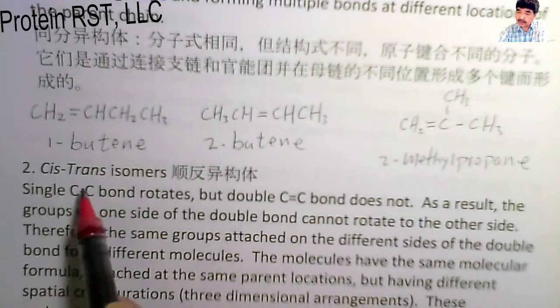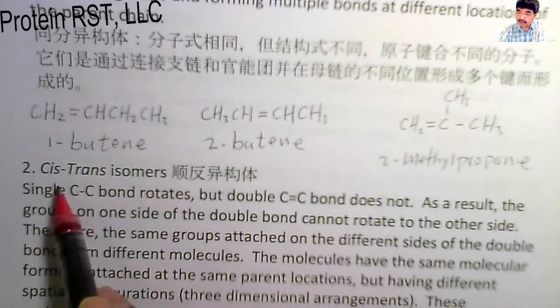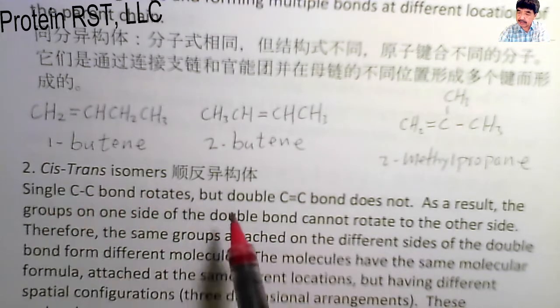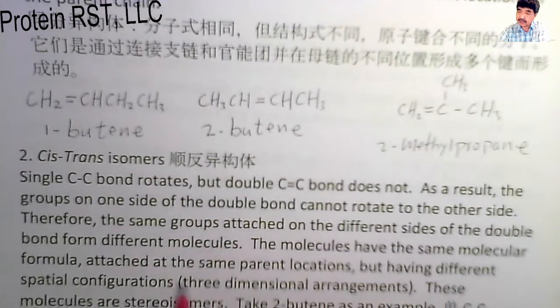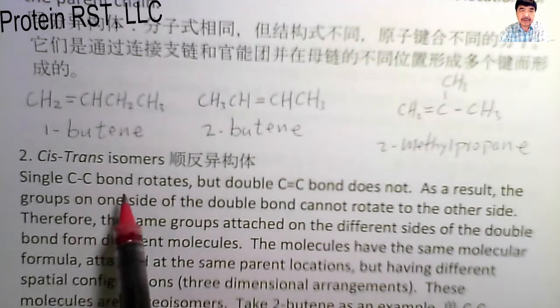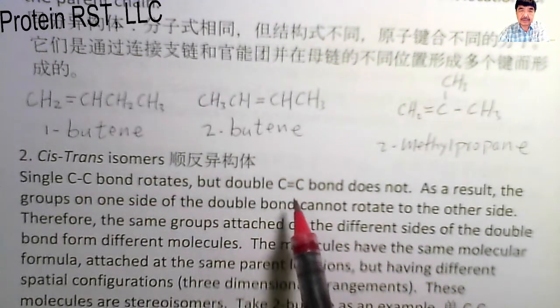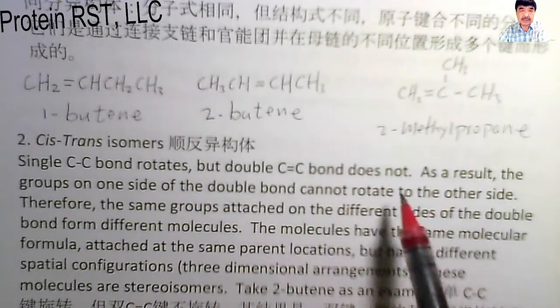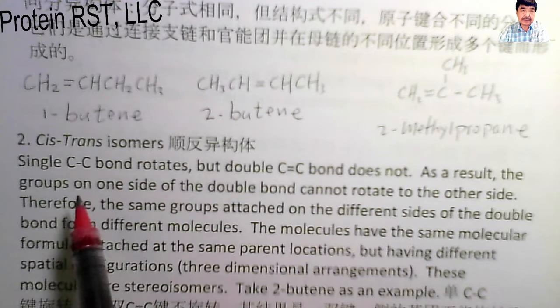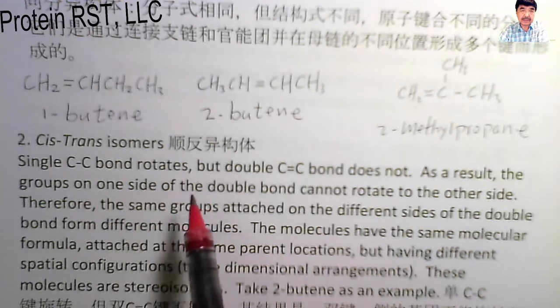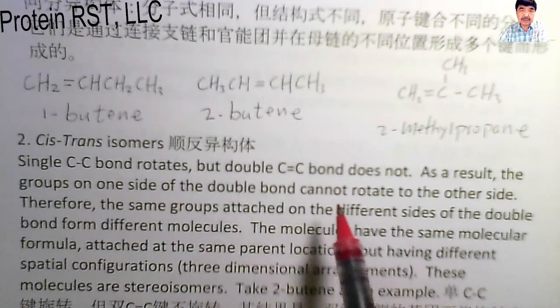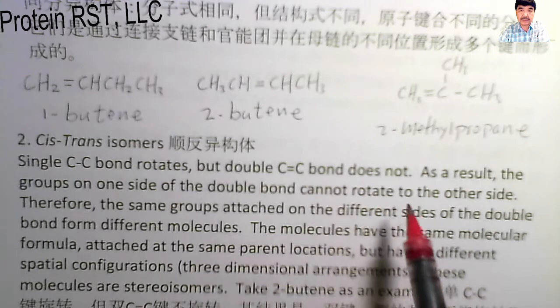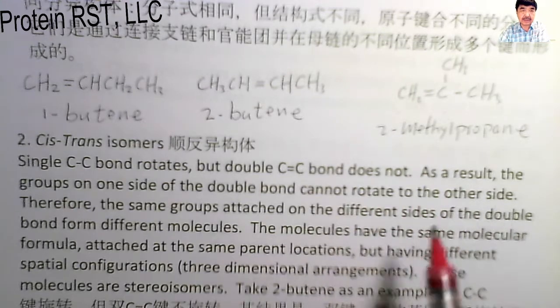The second type of isomer is called cis-trans isomer. A single carbon-carbon bond rotates, but a double carbon-carbon bond doesn't. As a result, the groups on one side of a double bond cannot rotate to the other side.